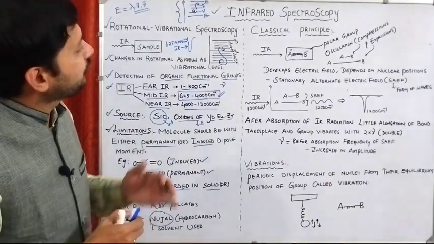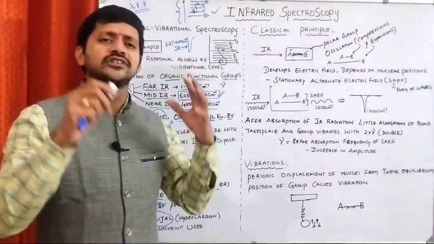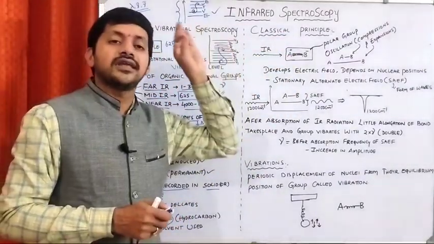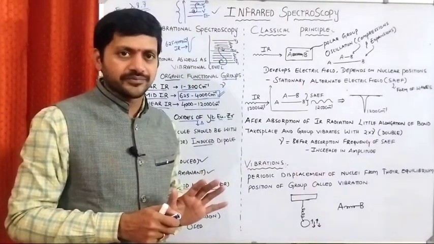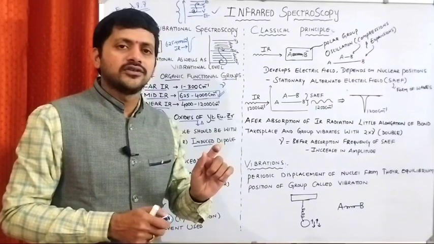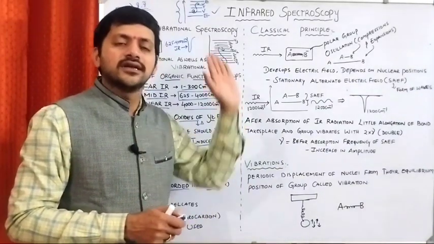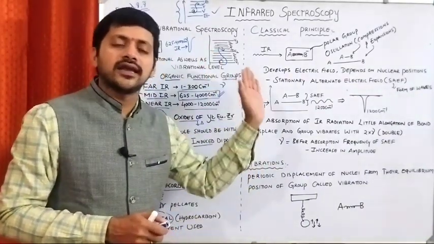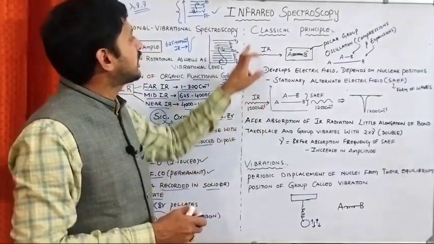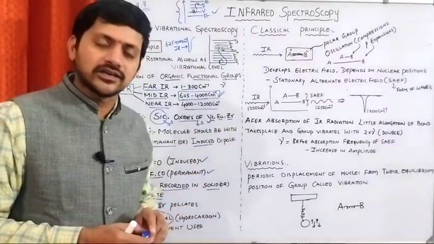Okay. We all know that for any spectral technique, the principle is a very important component. If you do not understand the principle, you will not understand the further topics related to IR spectroscopy. So let's discuss the classical principle of IR spectroscopy.